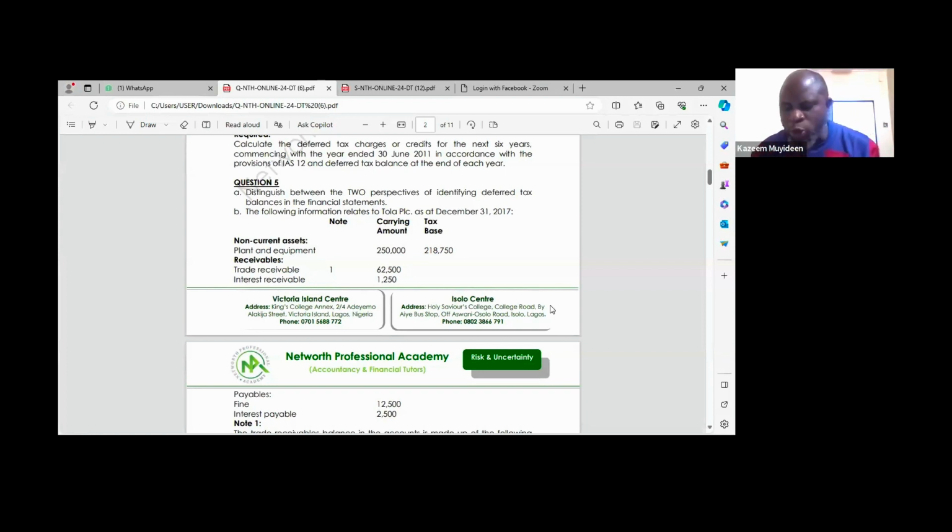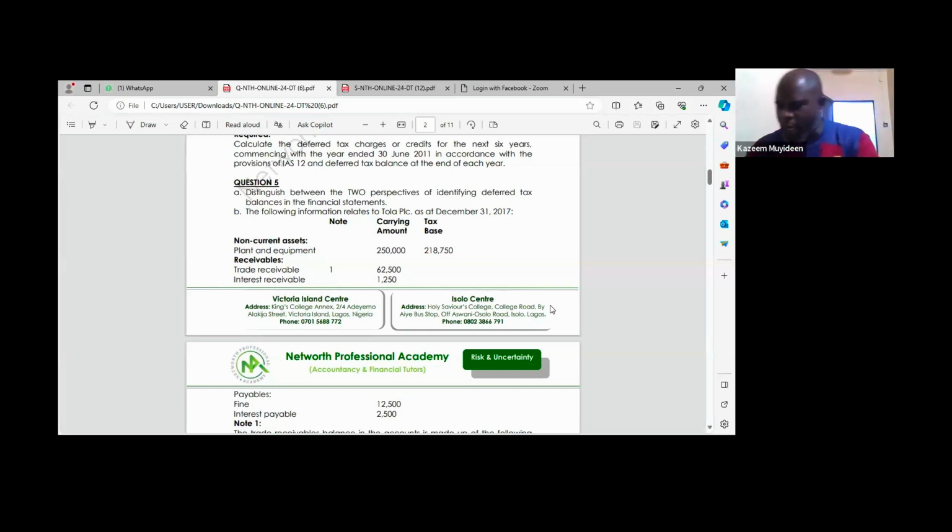The liability method makes use of the items in the statement of financial position. The liability method is the most popular one that we all know today. Good.